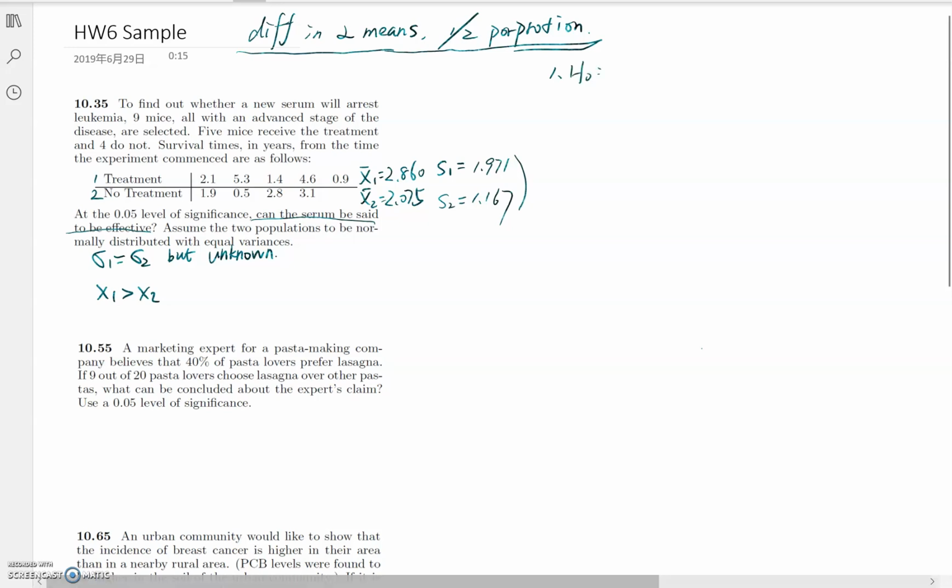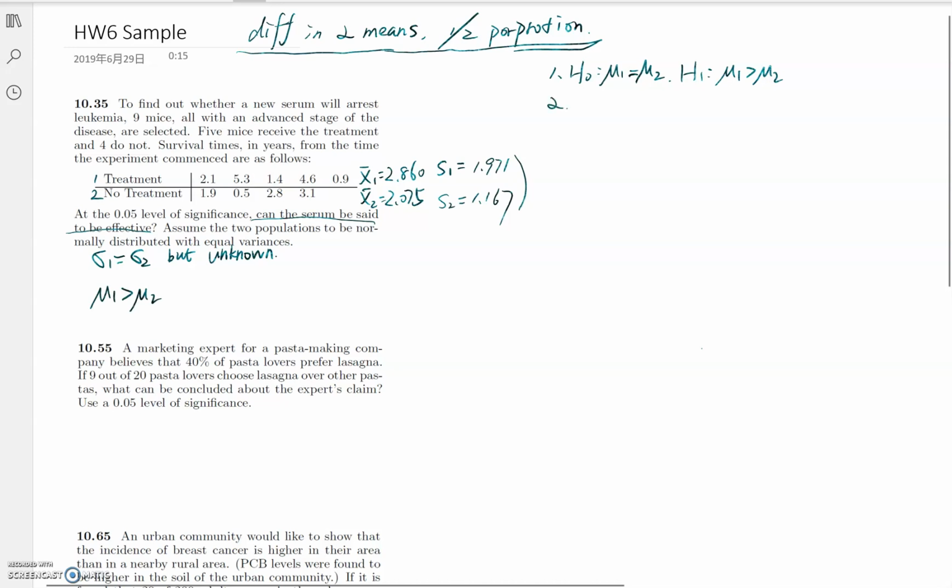H0 is mu1 equals mu2, and H1 is mu1 greater than mu2.